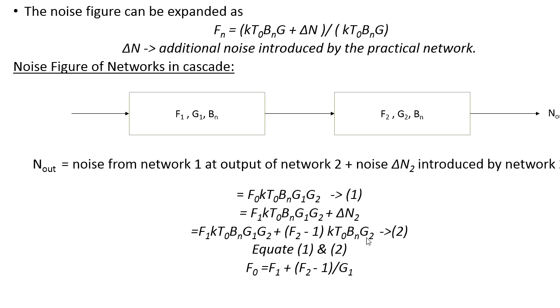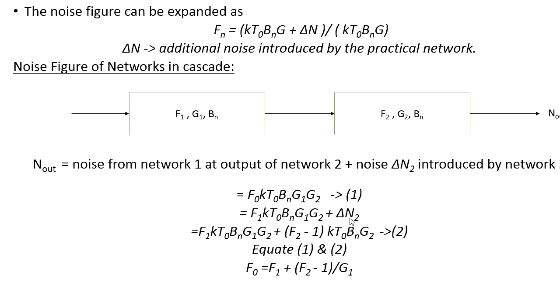How is it written? By simplifying this. If I simplify and substitute n equal to 2 here, I get the equation for delta N2 and substitute here. After simplification, I will get this equation.